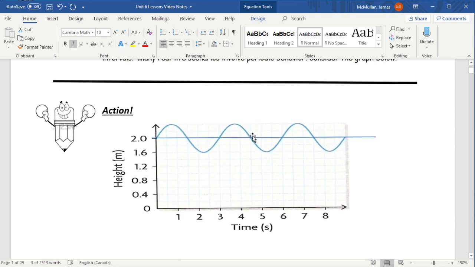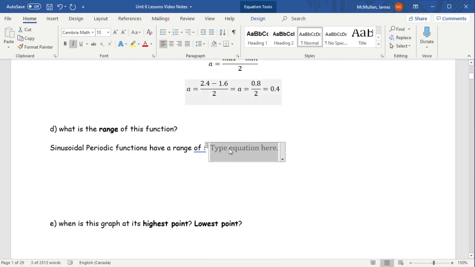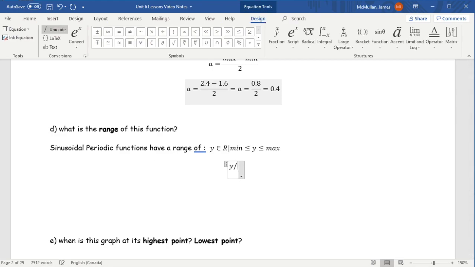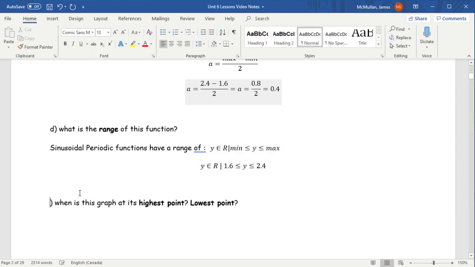If you're looking at a sinusoidal wave, which the vast majority of the time you are, you can use this equation. They have a range that is very, very straightforward. y is in the real numbers such that the min is less than or equal to y, which is less than or equal to the max. So in our case, we would say y is in the real numbers, and 1.6 is less than or equal to y, which is less than or equal to 2.4. Okay, and that's it. Pretty straightforward.